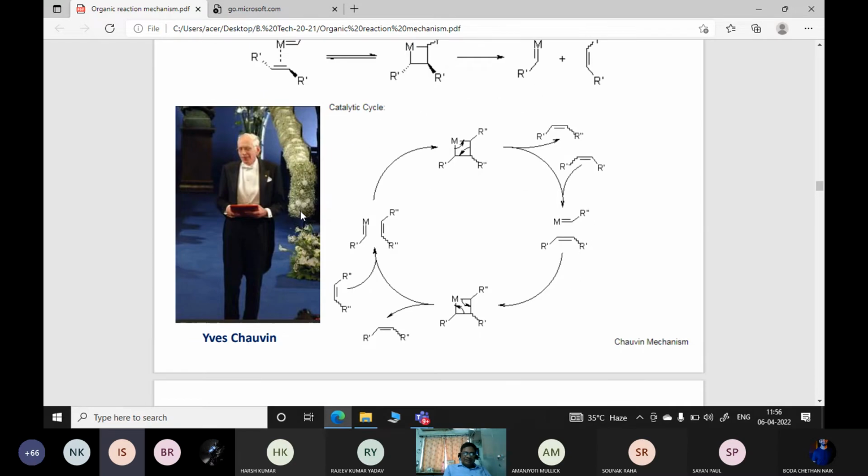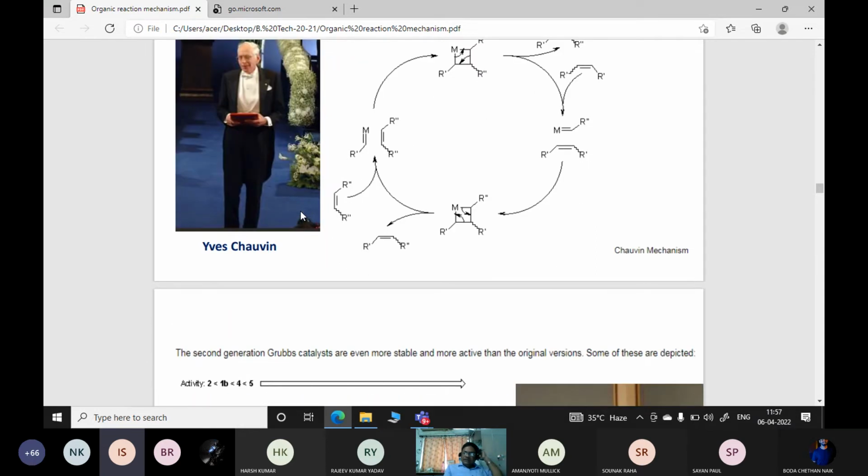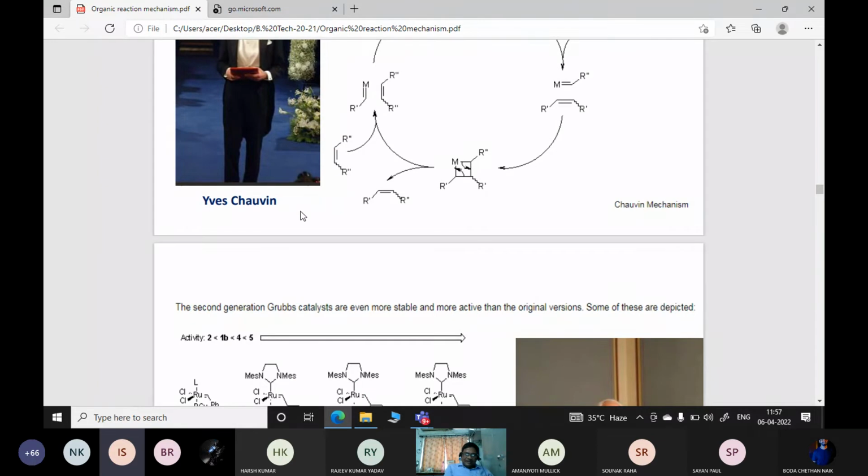Actually, he demanded that he alone should be awarded the Nobel for this. But the Nobel committee recommended these 3 persons to share the Nobel as 1/3. Okay, so is it interesting, what I told you, the story as well as the science?